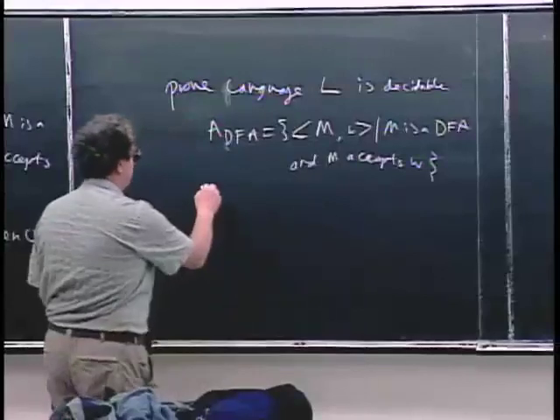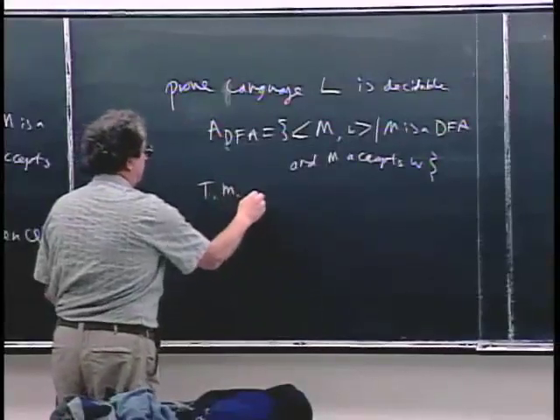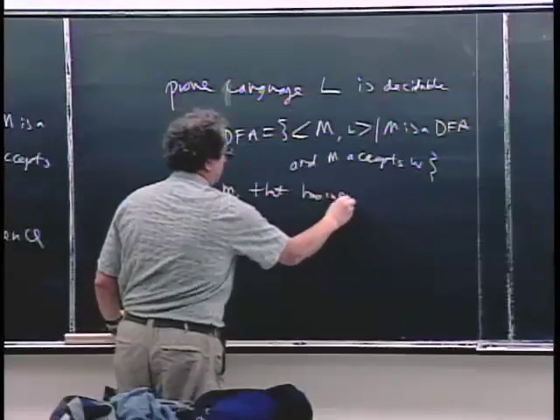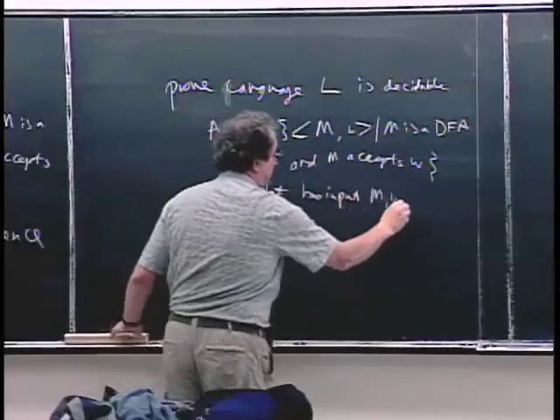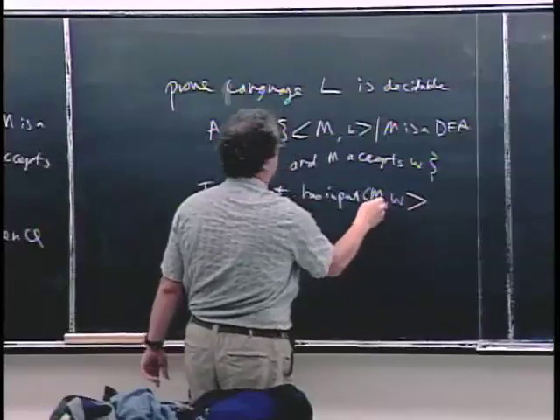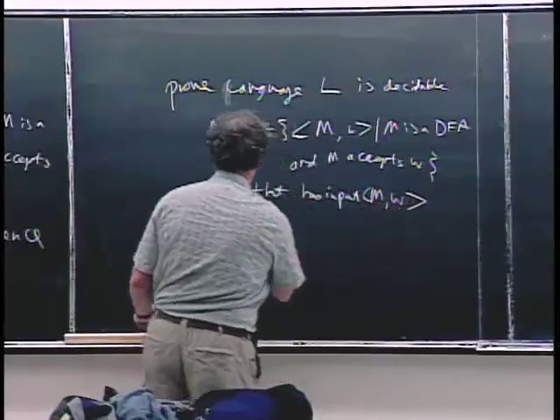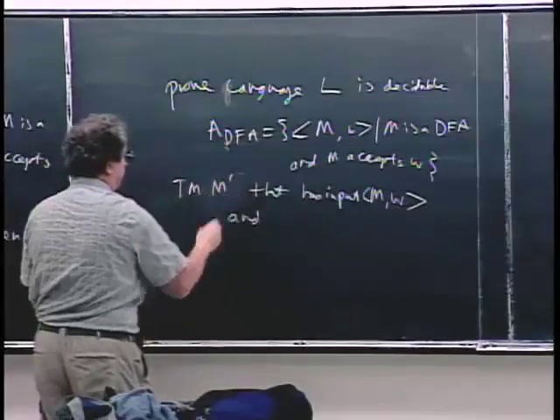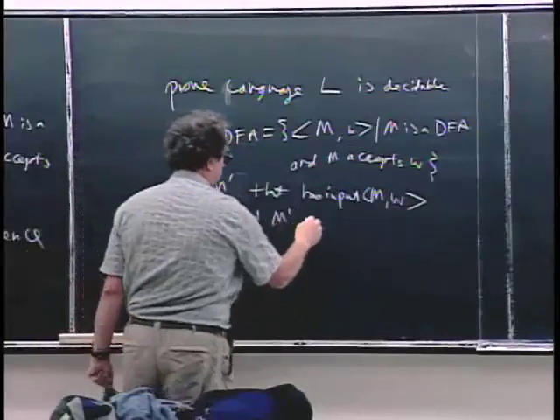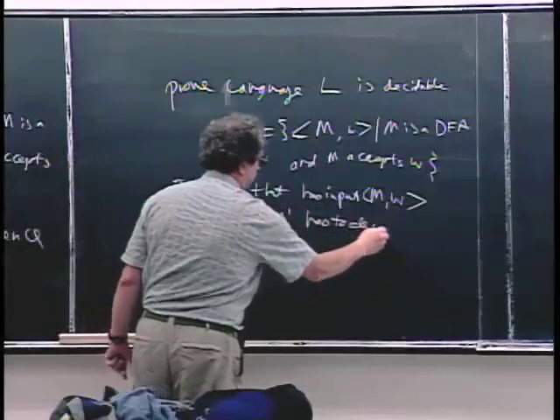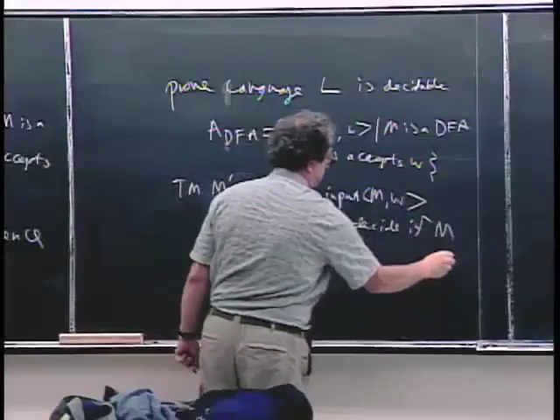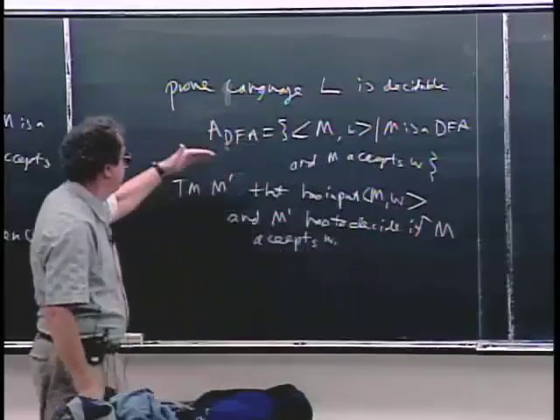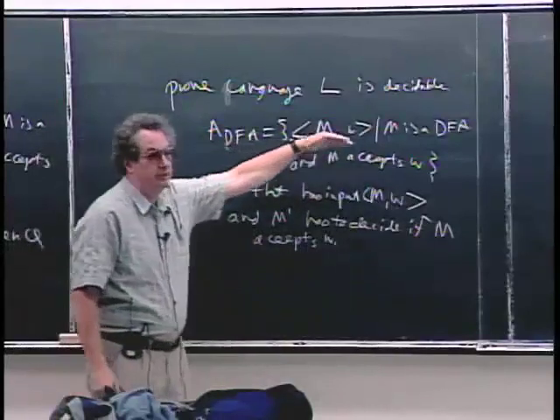What you have to do is have a Turing machine that has input M and W, a description of that DFA and the input W, and okay, let's give a name to the Turing machine, M prime, and M prime has to decide if the DFA M accepts W. Okay, so you have to focus on the Turing machine that takes in the description of a DFA.